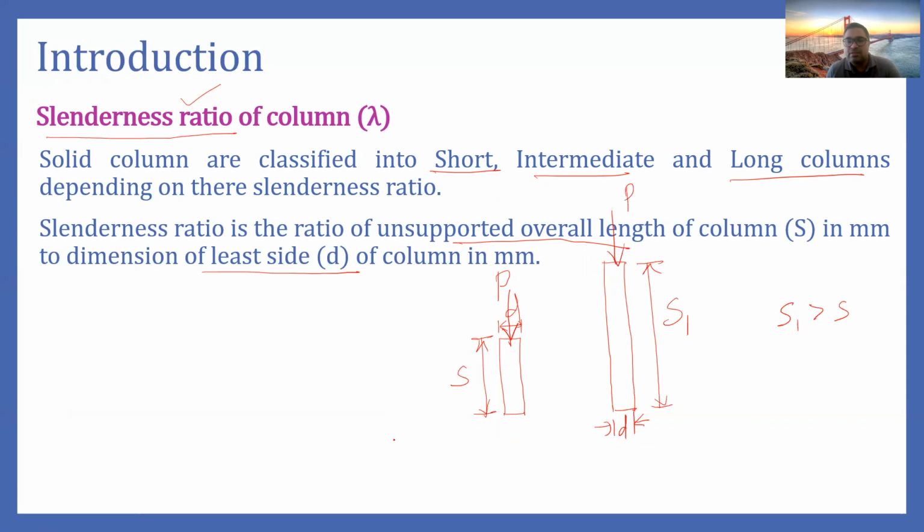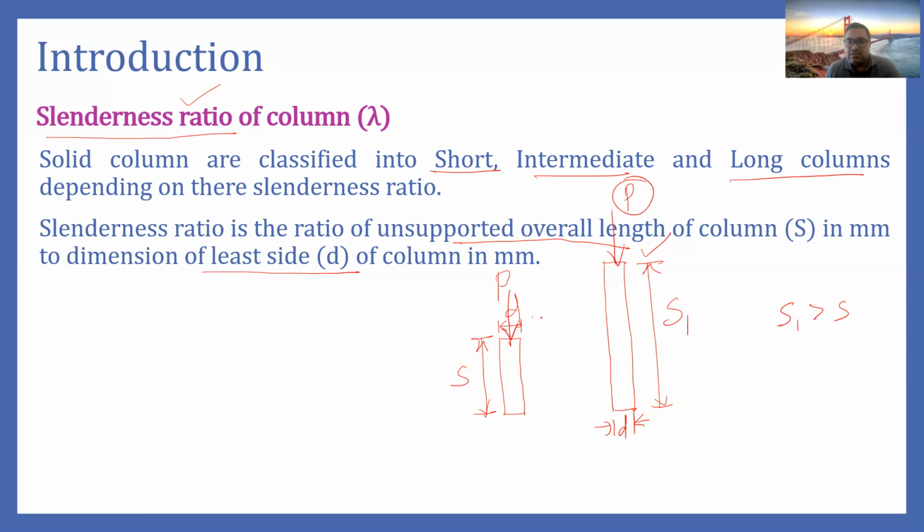Now which column has the vulnerability to bend because of this load? Obviously, as the length of the column is increasing without increasing the cross-sectional dimension, the vulnerability to bending is higher in the longer column.